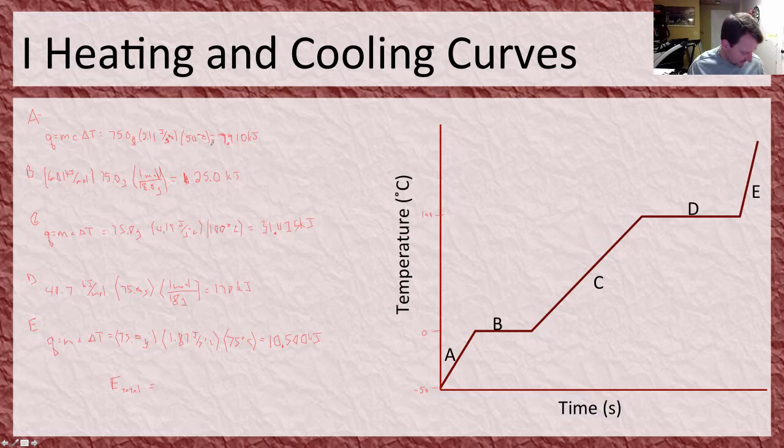So I take 7.91 plus 25 plus 31.4 plus the rest, and I get about 245 kilojoules of energy total.